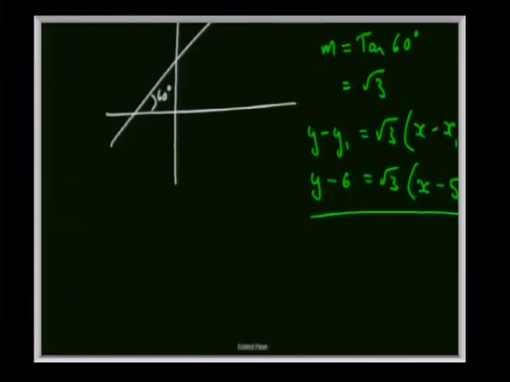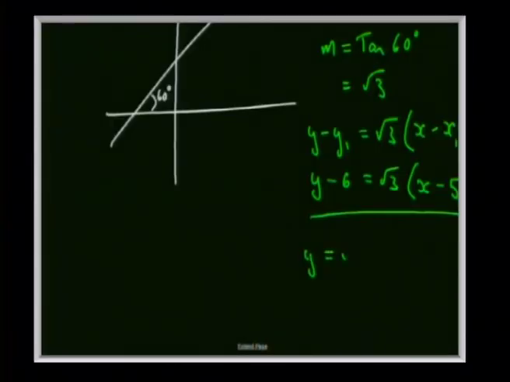And there we have our answer. Just in case your teachers or your examiner prefer the y equals mx plus c version, let's just tidy it up. So y would be equal to root 3x minus 5 root 3 plus 6. Done and dusted. Two bits of information, and we use the angle of inclination to work out our slope.